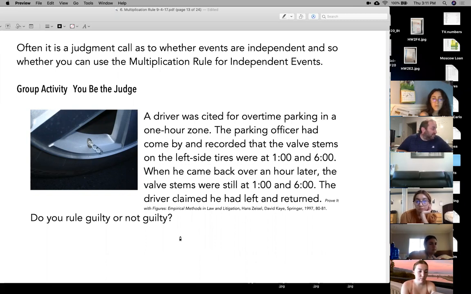If you believe that is a very unlikely possibility, then you say he's not telling the truth, right? So what would you do in that situation? Would you say you're full of it, or would you say, okay, fine, I'll give you the benefit of the doubt? I'm pretty sure he never moved.